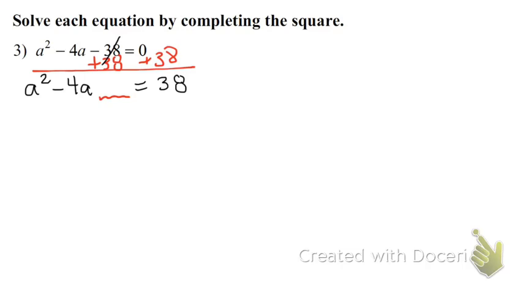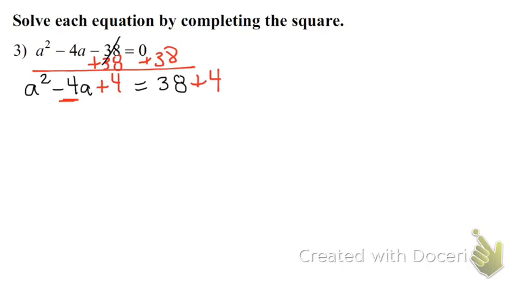Okay, now I need to complete the square. Complete the square means to turn this into something that is a perfect square. It's going to seem weird at first, but I promise it's not that bad. To complete the square, it's always going to be half of this number, and you don't even need to pay attention to whether it's positive or negative, squared. Half of 4 is 2. 2 squared is 4. I'm going to now add 4 to both sides of this equation. That's completely crazy.